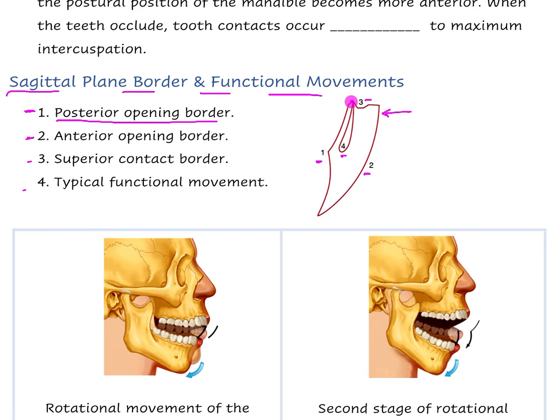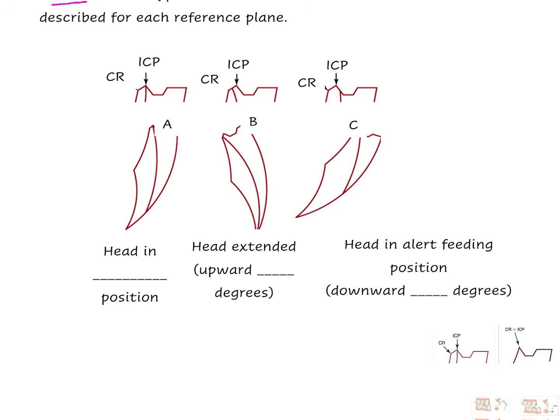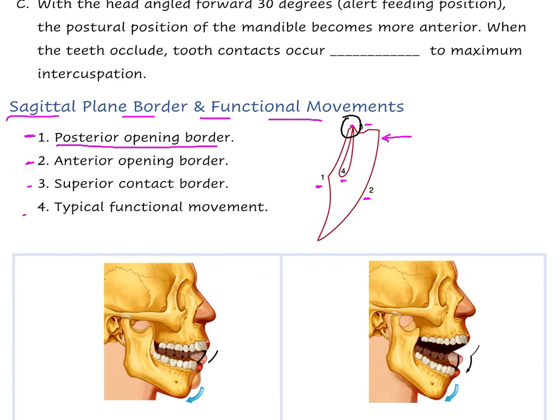So if your teeth are in contact over here, intercuspal position, ICP, that means your teeth are in maximum intercuspation. This is posterior, this is anterior, right? So posterior opening border, that means if you open the mandible, like that.